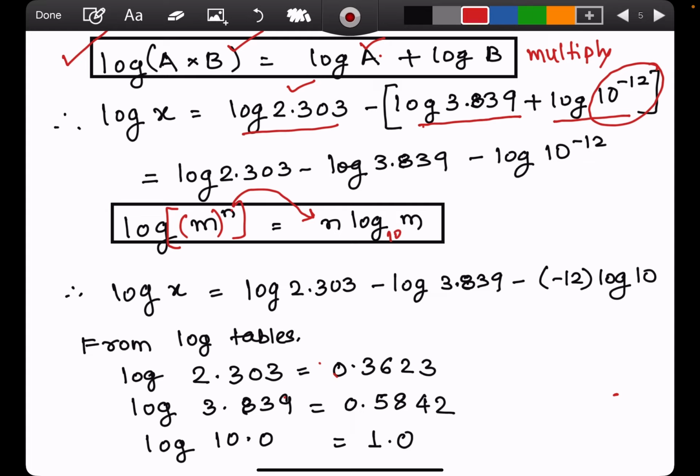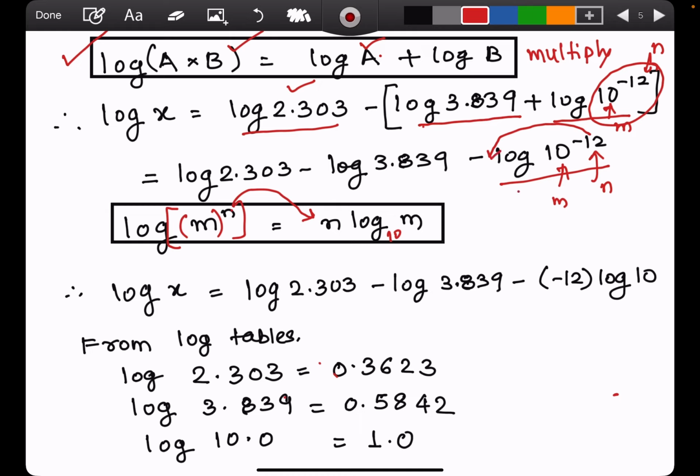Making use of this fact, this is m and this is n, so I can rewrite this by bringing it over here.